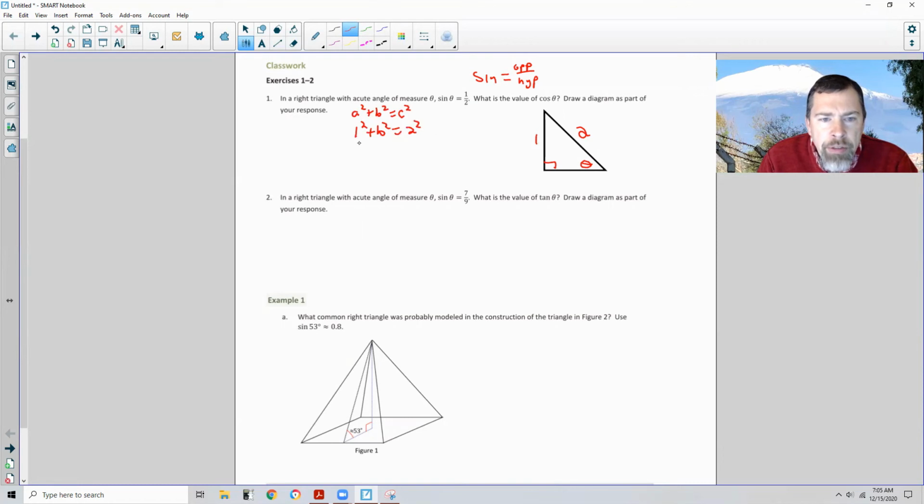Simplifying, I get 1 plus B squared equals 4. Subtract 1 from both sides and B squared equals 3. Take the square root of both sides and B equals the square root of 3. So this side is the square root of 3. So to answer the question, the cosine of theta equals adjacent over hypotenuse.